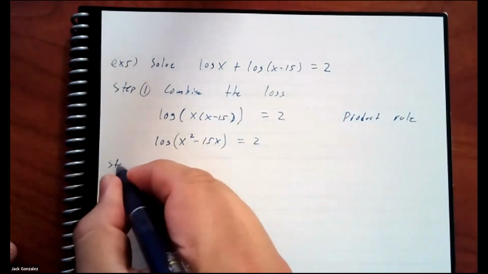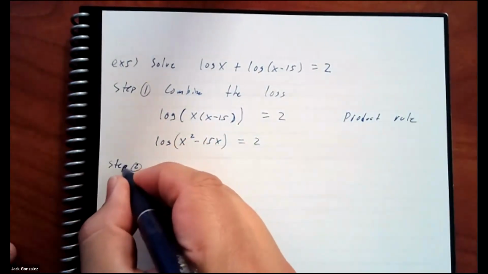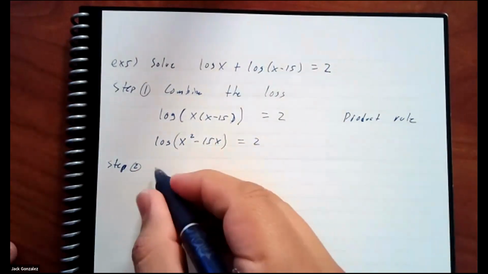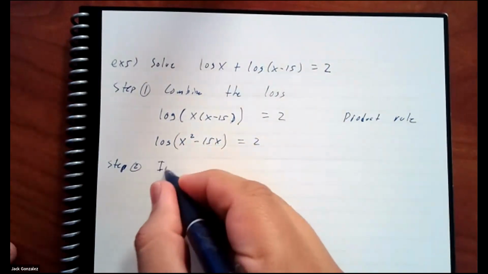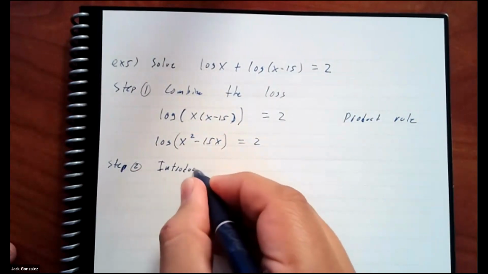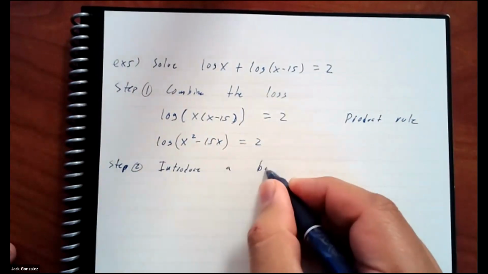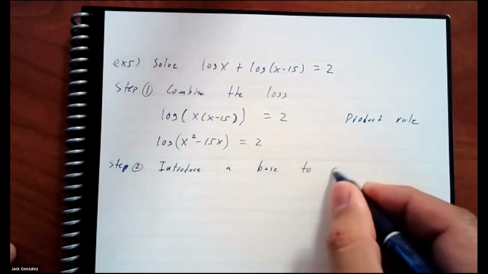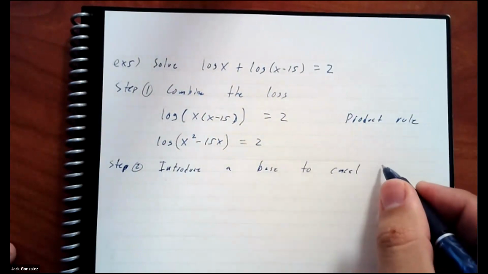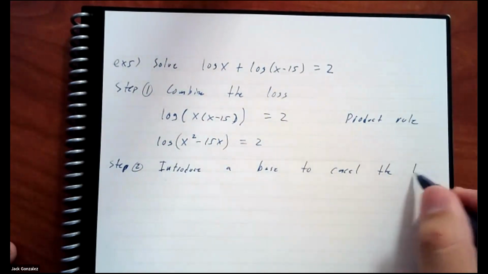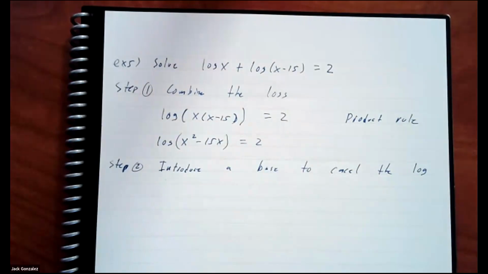So cancel your log. Introduce a base to cancel the log. What base should I choose? Right, there's no ln, so it's not e.